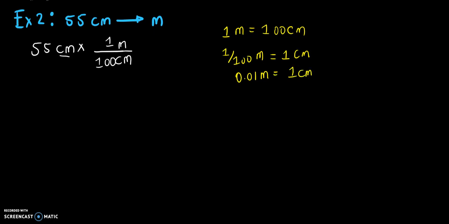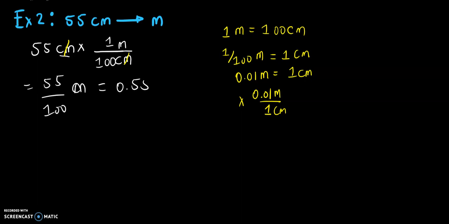So instead of writing it in this way, you could have just said times 0.01 meter over 1 centimeter, but this is lengthy. I prefer to do it this way. So we know that centimeters are going to cancel out. So we are going to have 55 divided by 100 meters, which is 0.55 meters.